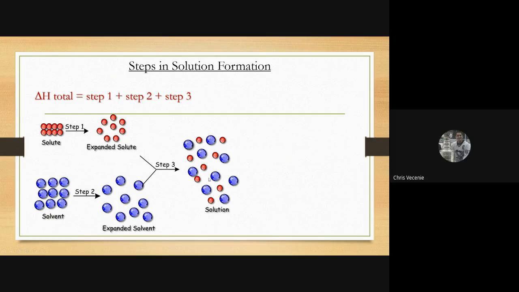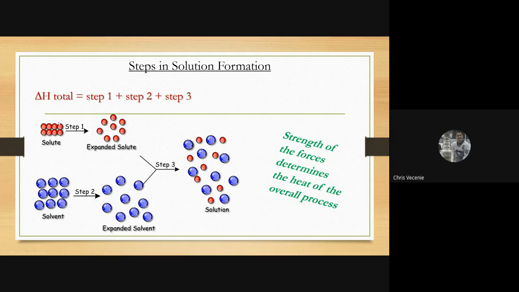Depending on how strong the forces are that hold things together, compared to how strong the forces are between the newly formed substances, we can get an endo or exothermic process overall. If my solute interactions are sort of weak and my solvent interactions are sort of weak, but my solute-solvent interactions are pretty strong, the amount of heat released will be more than the amount of heat it needed to break them up. It'll be exothermic. It'll release that extra heat.